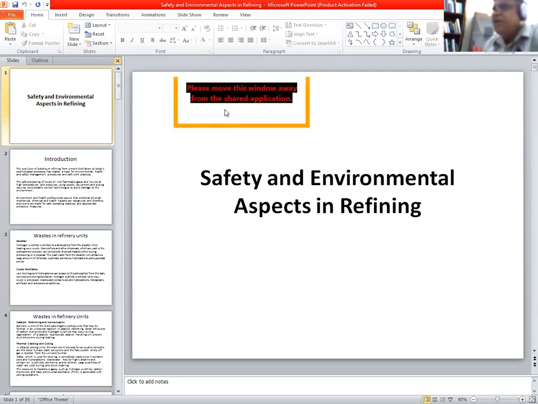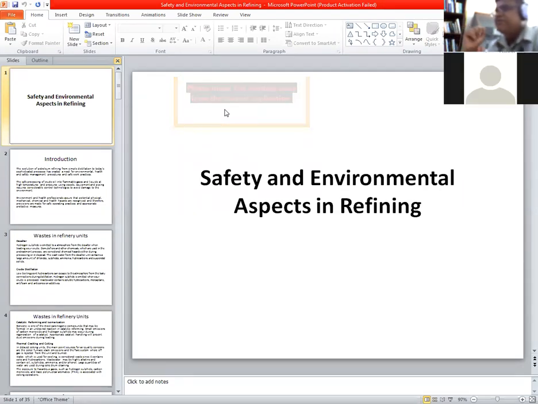In a petroleum refinery, some other activities are also carried out, such as blending. This is mainly for motor oil or grease, for the manufacture of motor lubricating oil also.